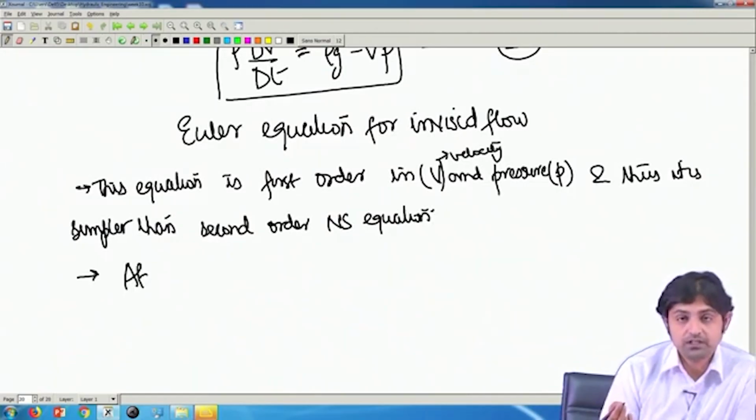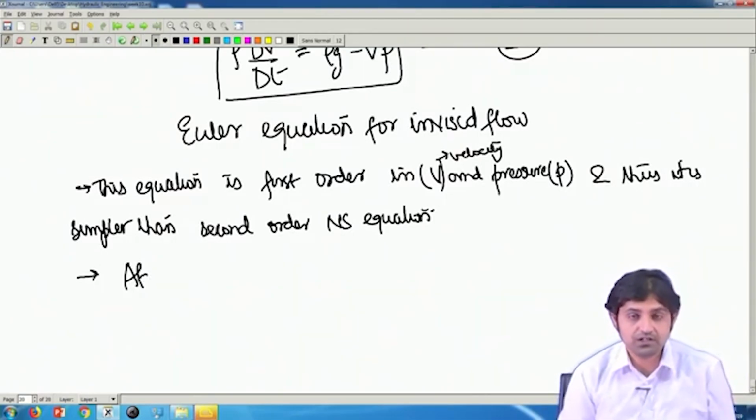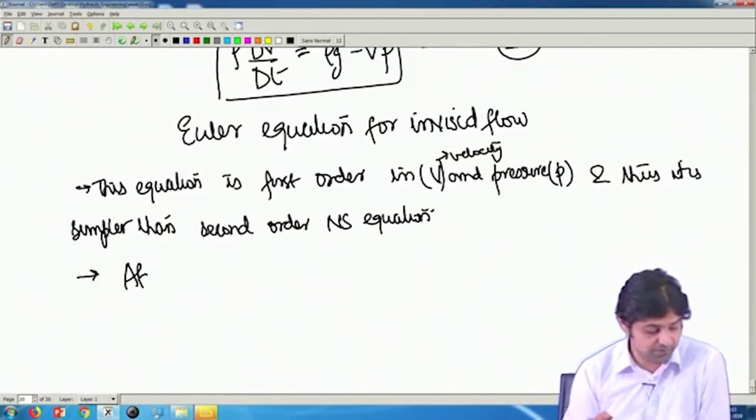We had already been assuming the no slip condition, that you have seen also in the boundary layer theory and turbulent and laminar flow.